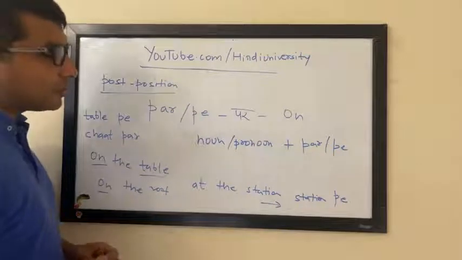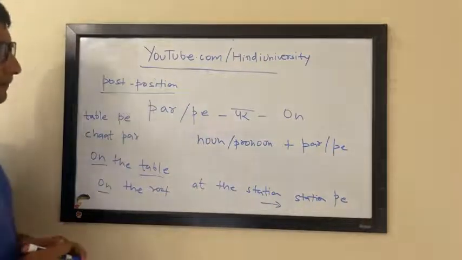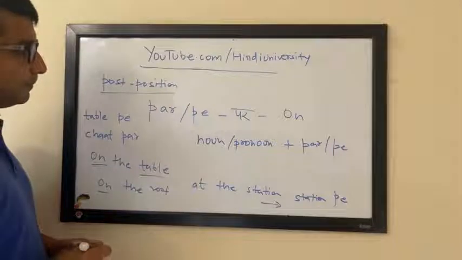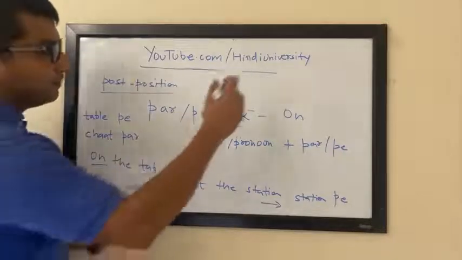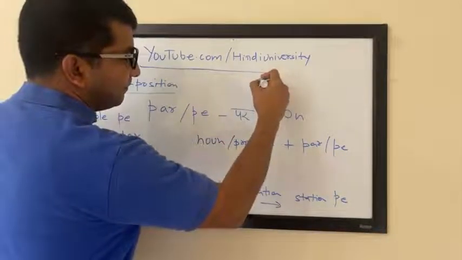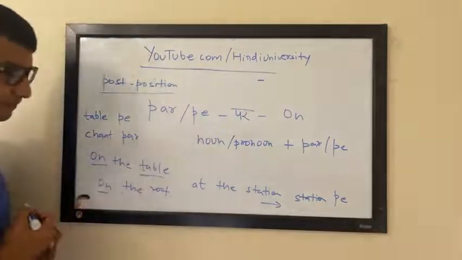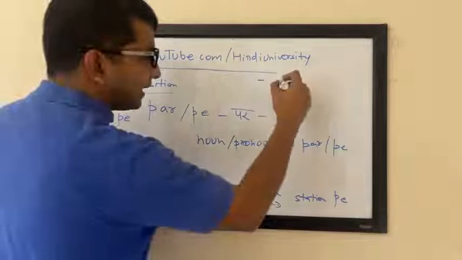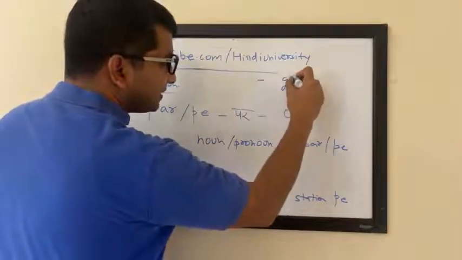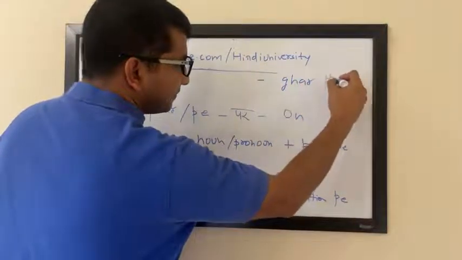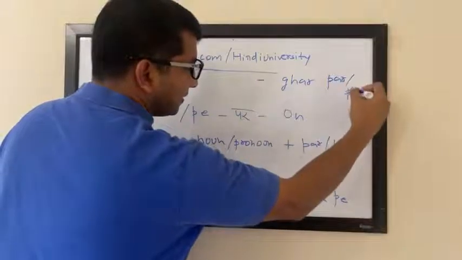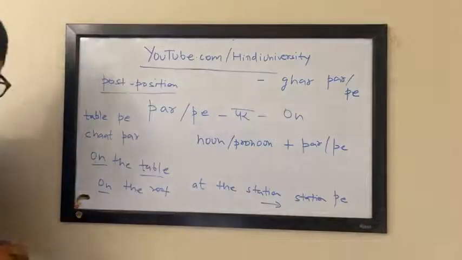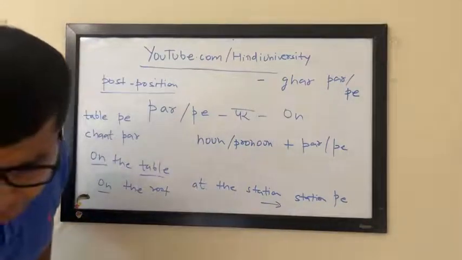So you have a noun or pronoun followed by per. मैं घर पे हूँ. Okay, घर पे, at the house, so you said basically घर पर. हाँ. घर पर or घर पे. Okay. Anyone else?